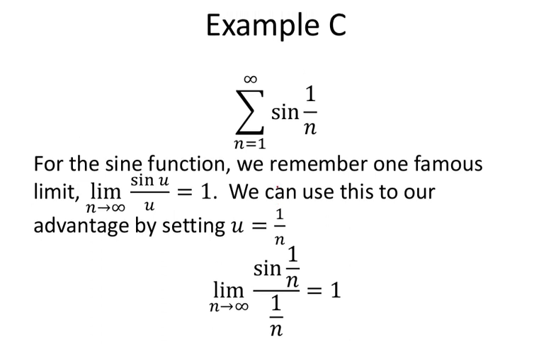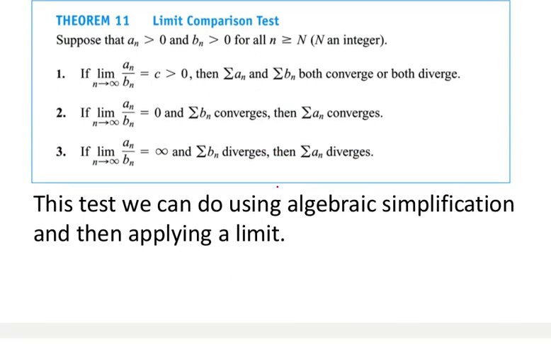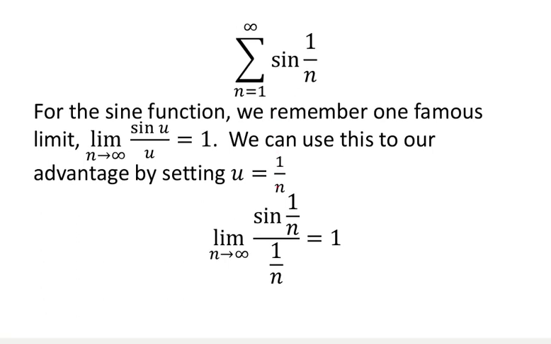And so look at our 1. It tells us that the limit approaches a value c equals 1, which is not 0, so they would either both converge or they would both diverge. So we know if one of these converges, the other one would also converge, or diverge.